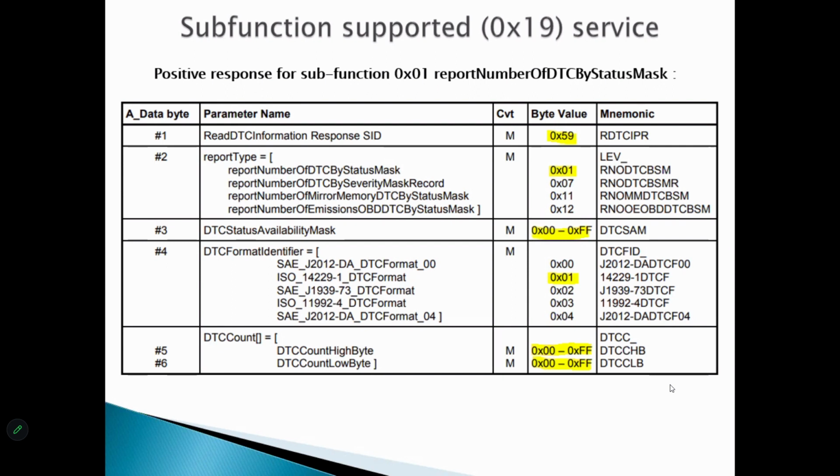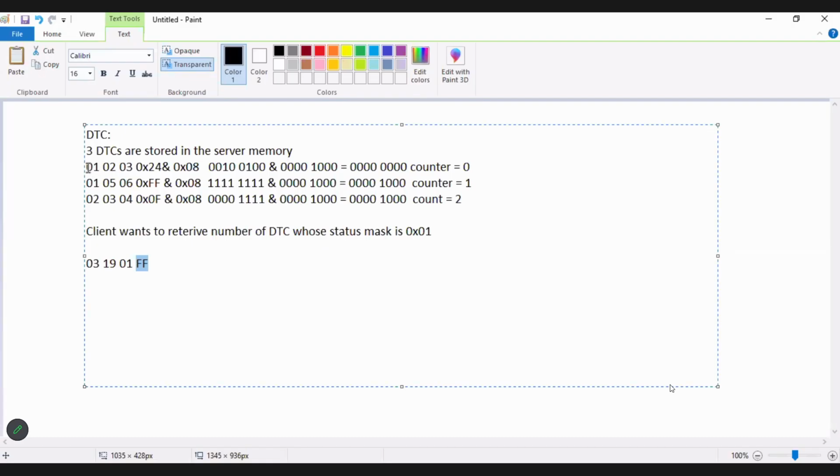The third byte is the DTC status availability mask. What does this mean? Now I'll go to the pen. Let's say for this project, for DTCs, we don't have FF.